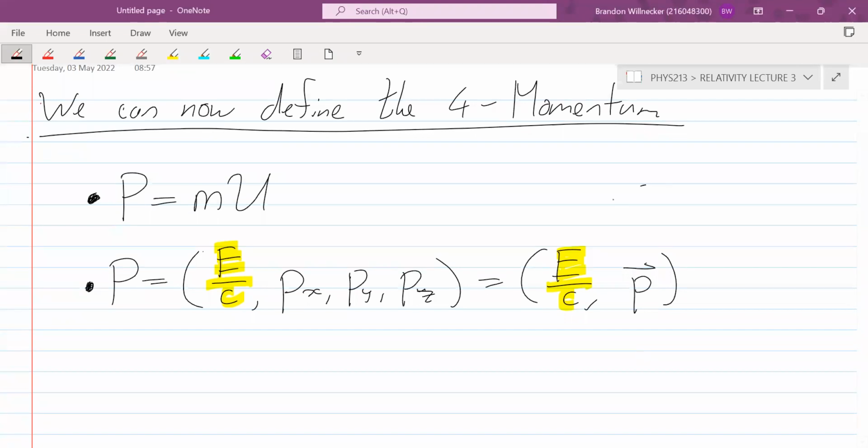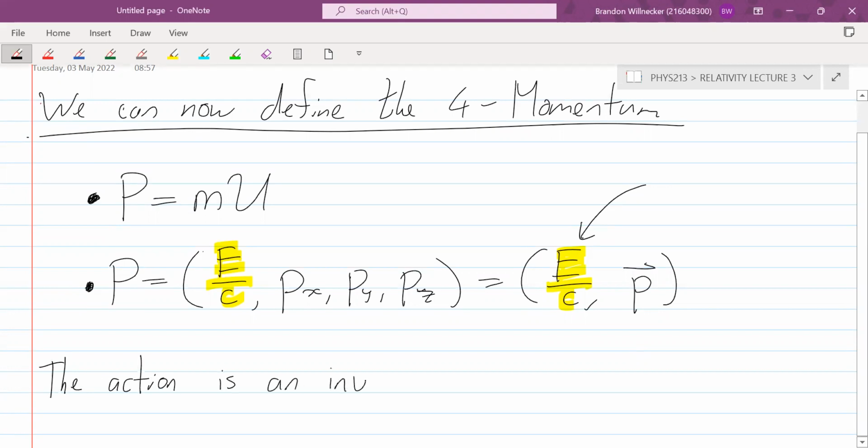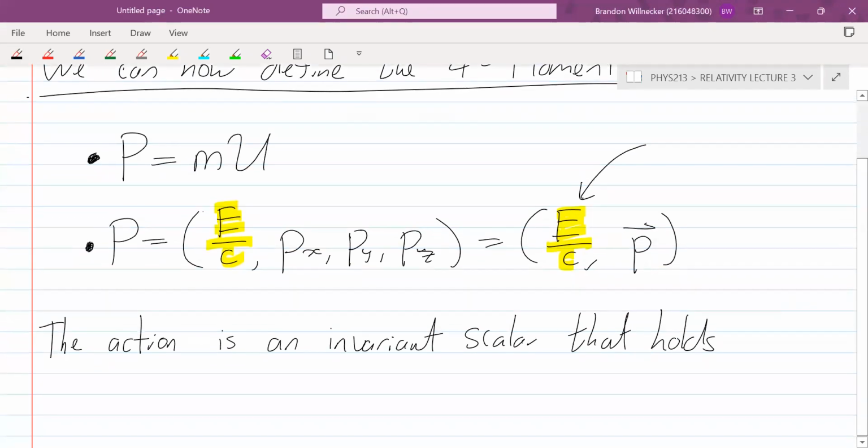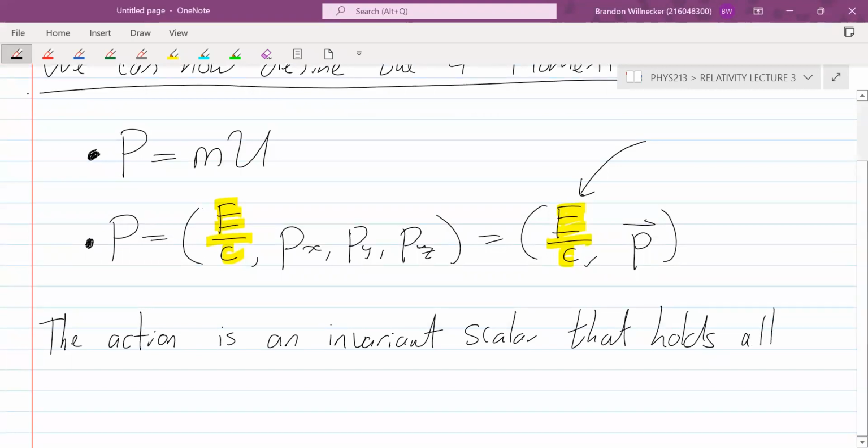Okay, so the way we explain this energy here is using the idea of the action. The action is an invariant scalar that holds all the information about the particle's dynamics.